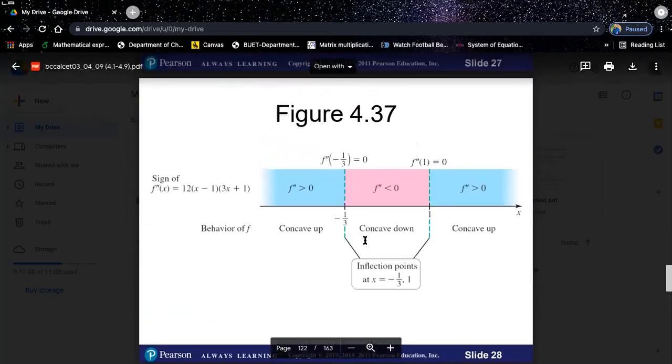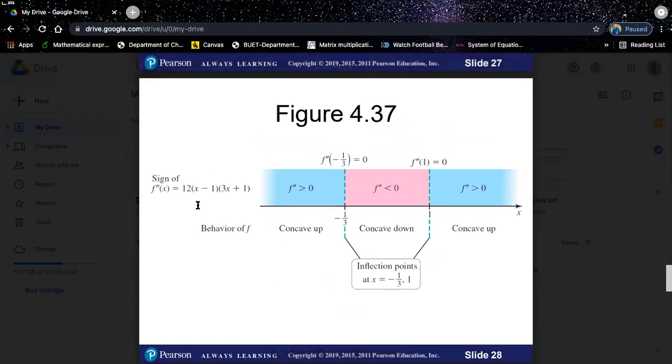Okay, so the first question is, if the second derivative is given, can you calculate the inflection point from it? What are the things we need to do to find the inflection points from it?